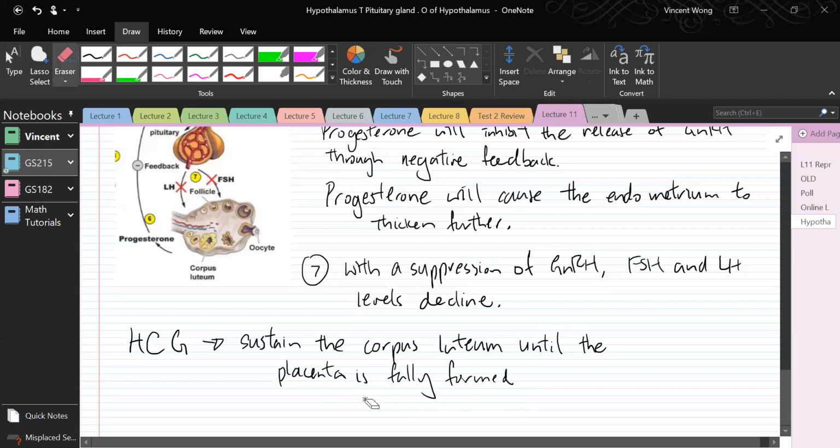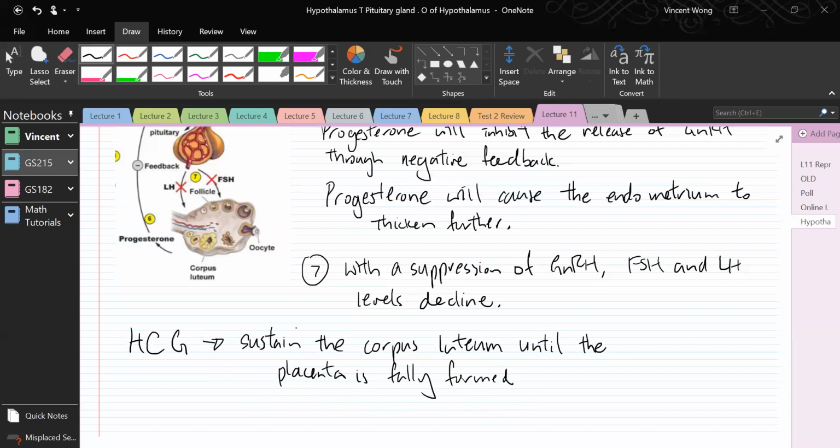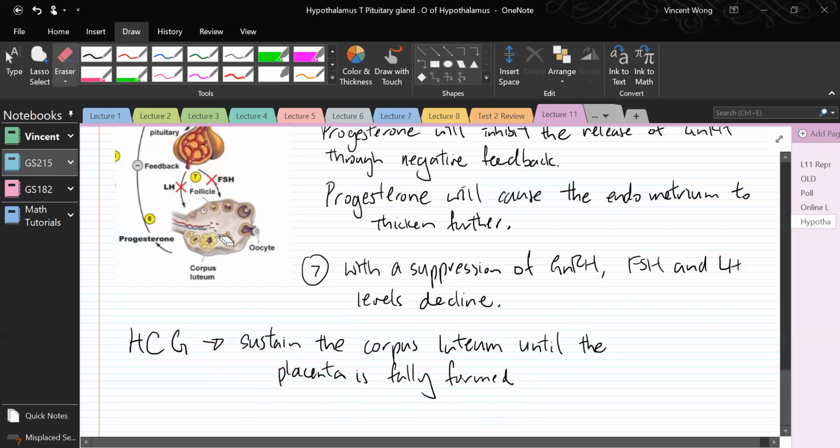Once the placenta is formed, it will take over the role of producing progesterone and estrogen as well. Both hormones are going to skyrocket during pregnancy, right? And then the corpus luteum is no longer needed. But it's critical to have the HCG during this transient period where the placenta is still forming.